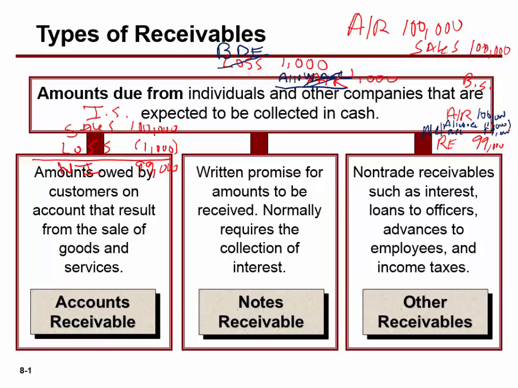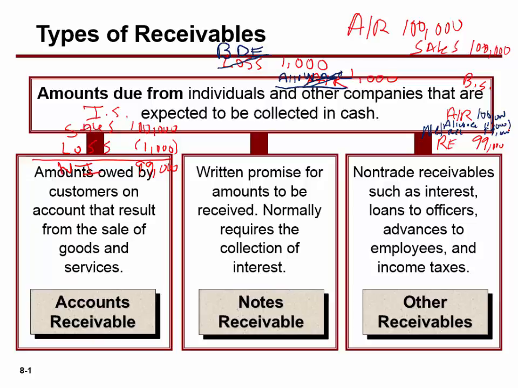So when I debited the allowance account for $10,000, the balance in here is now $9,000 debit balance, isn't it? If it's a debit balance of $9,000, now my accounts receivable is going to show $90,000, plus $9,000.